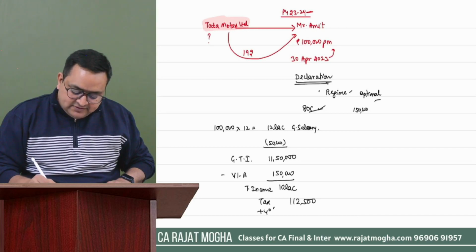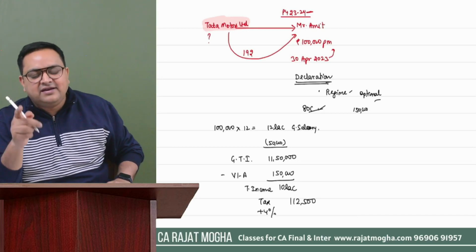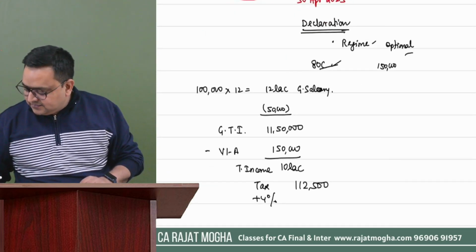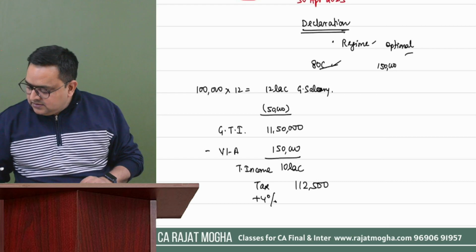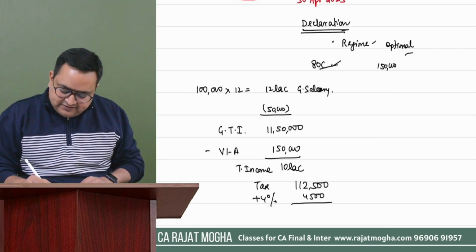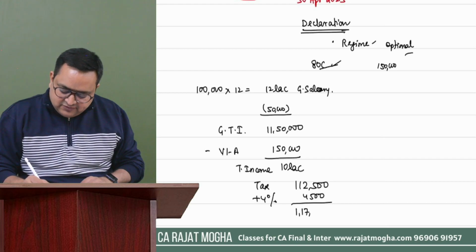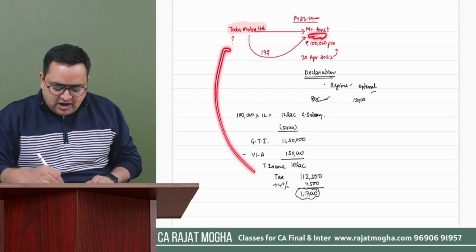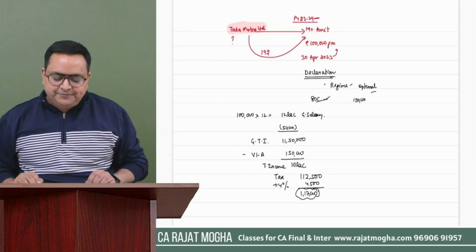Plus you have to consider cess also. Please understand, in salary we have to consider cess also. So add 4% cess, which is 4,500, and after cess it would be 1,17,000. This is the provisional tax which this person, Amit, has to pay. How much? 1,17,000 tax he has to pay.